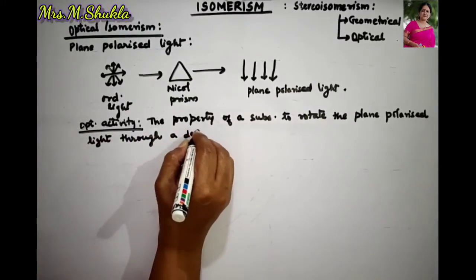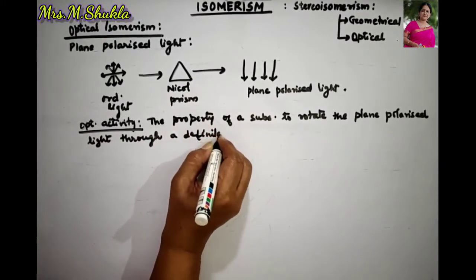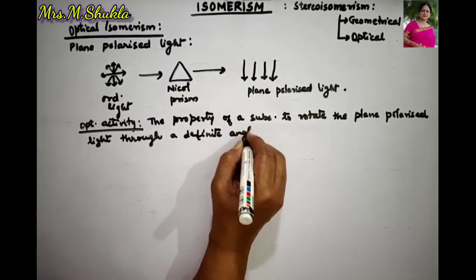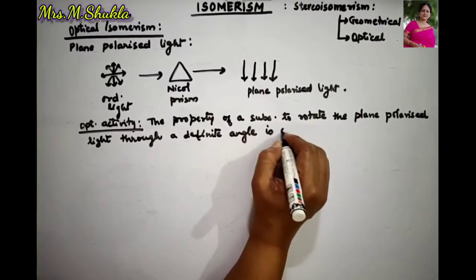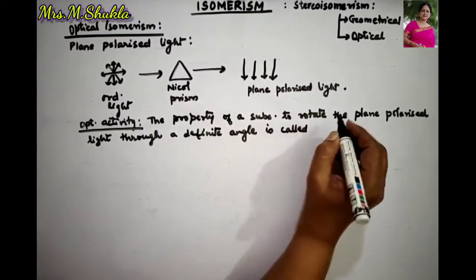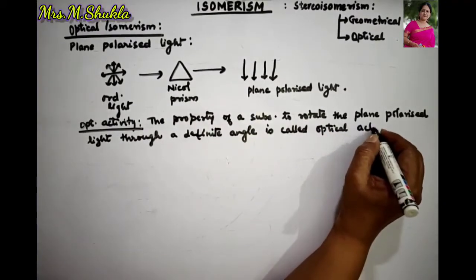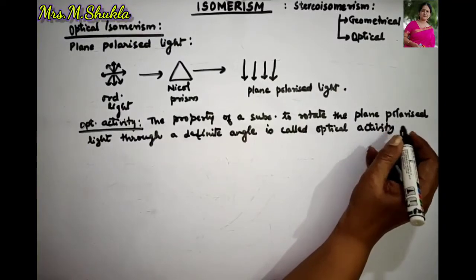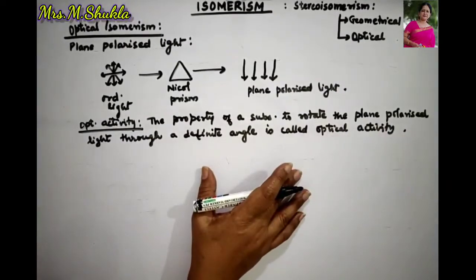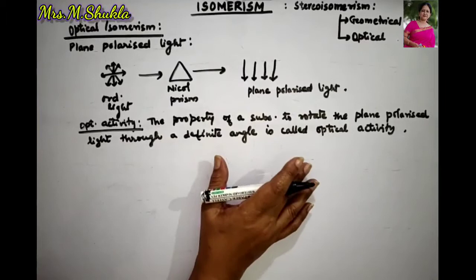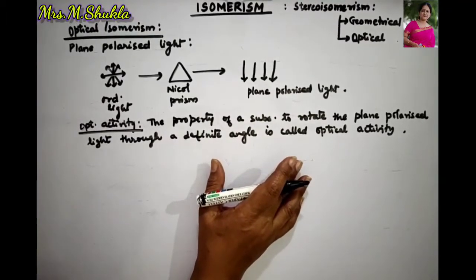Is that clear? And such substances, what are they called as? They are called optically active substances, right?